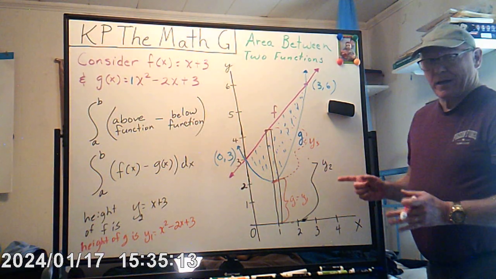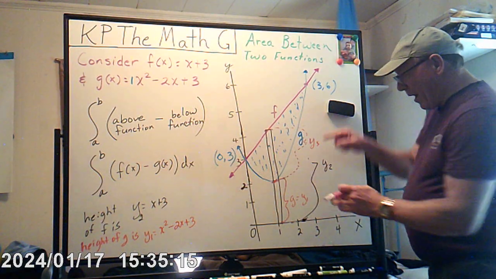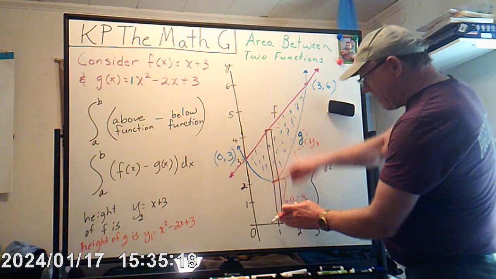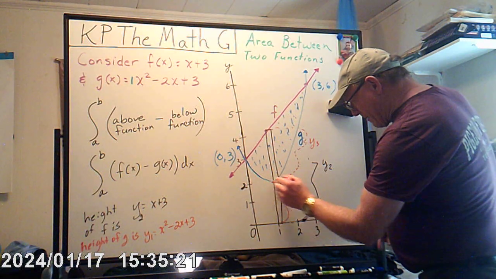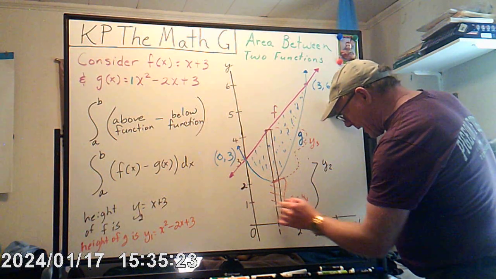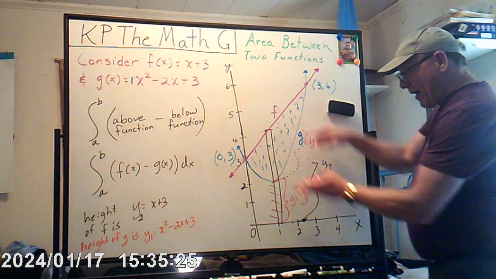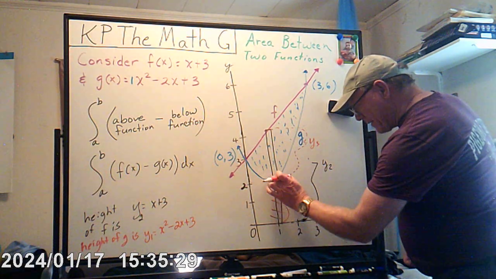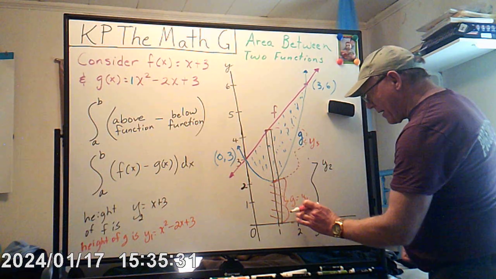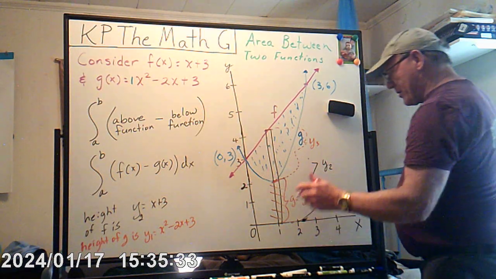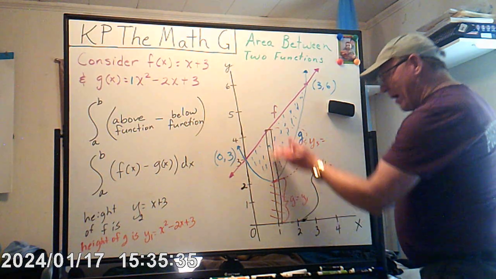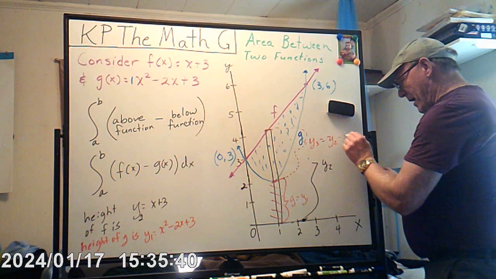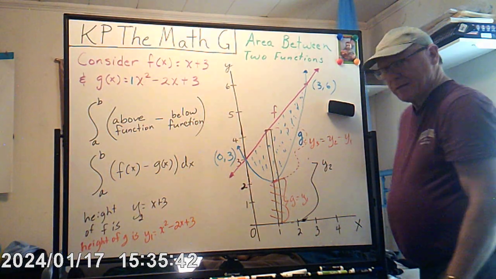Let's think about it now. Y3 is the entire height. If I could somehow get rid of this up here, down here, I will have this right here. Well, how much is this height here that I've crossed out? It is Y1. So Y3 is the total height, which is Y2 minus Y1.